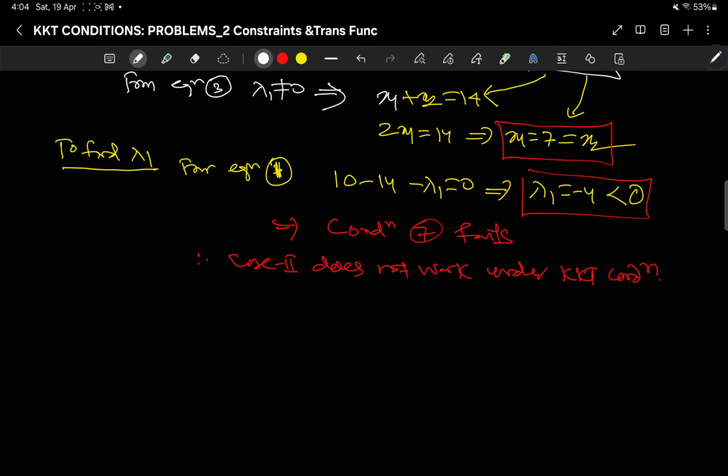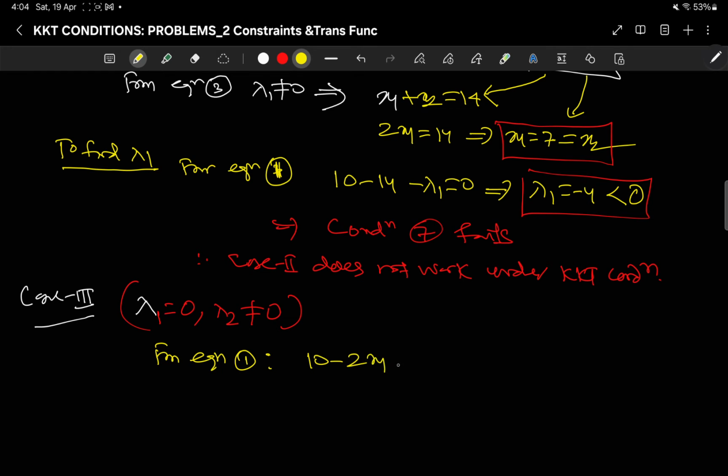Now come to your case 3, right? Under case 3, lambda 1 is equal to 0, lambda 2 not equal to 0. From equation 1, what you are getting? 10 minus 2x1 plus lambda 2 is equal to 0.